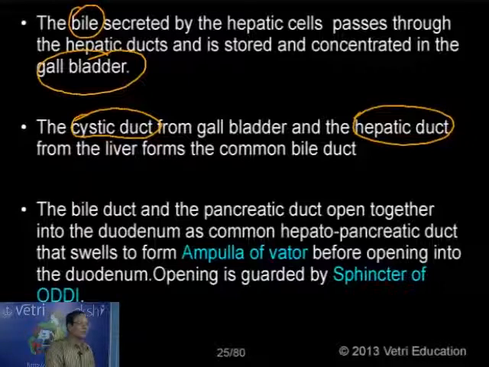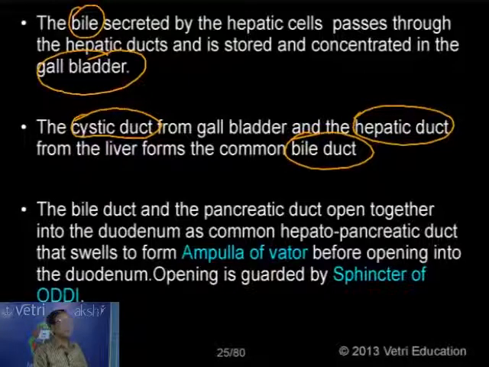Now the cystic duct and the hepatic duct join together to form the bile duct. So a bile duct is formed by the union of a cystic duct and a number of hepatic ducts coming from the liver. The bile duct proceeds towards the duodenum, and before it enters the duodenum, it joins with the duct from the pancreas, the pancreatic duct, to form a common hepatopancreatic duct.